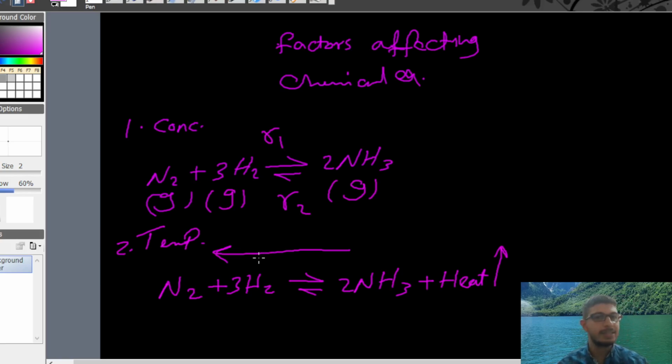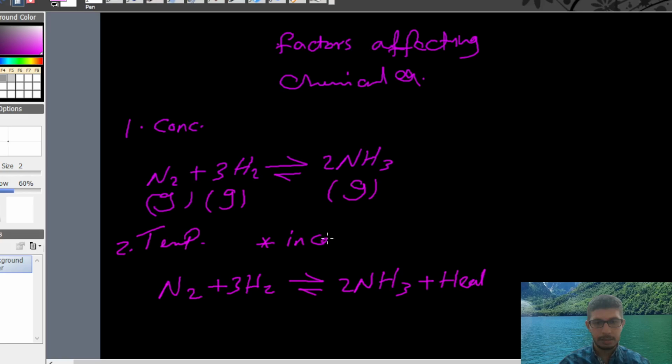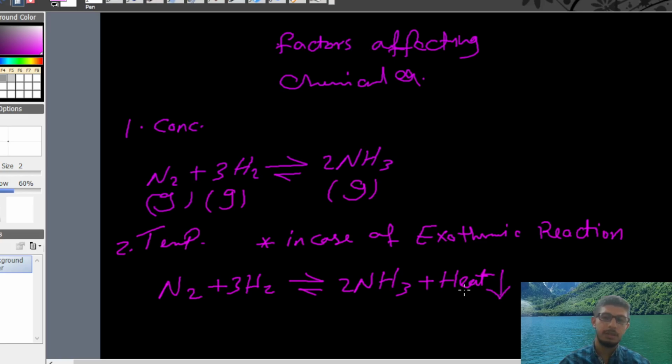But in this case, the reaction is exothermic. Just bear that in mind. This is very, very important, right? So this is in the case of an exothermic reaction. What if I decreased the temperature?